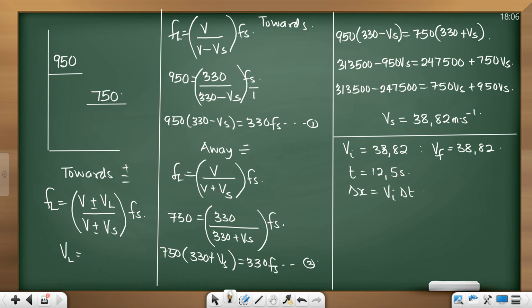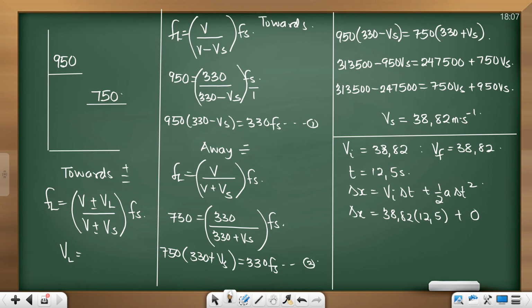Vi delta t plus half a delta t squared. What is our Vi? 38.82. What's our time? The whole of this is 0. Do you know why? At constant velocity, acceleration is 0. Put that in a calculator, and I think we should be done there.